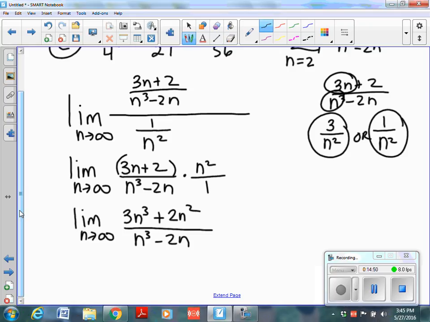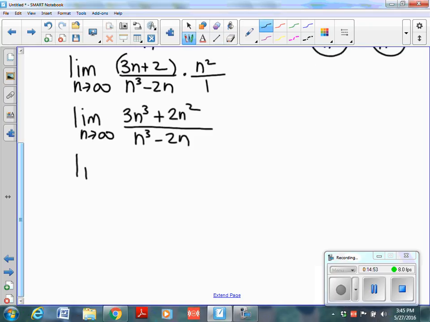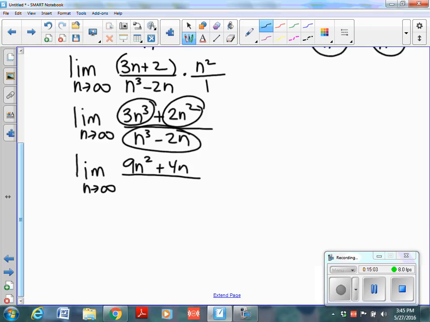L'Hopital's rule, take the derivative of that, 9n squared, take the derivative of that, 3n squared minus 2. Or take the highest power in the numerator and divide it by the highest power in the denominator. Whichever way you do it, you still get 3.